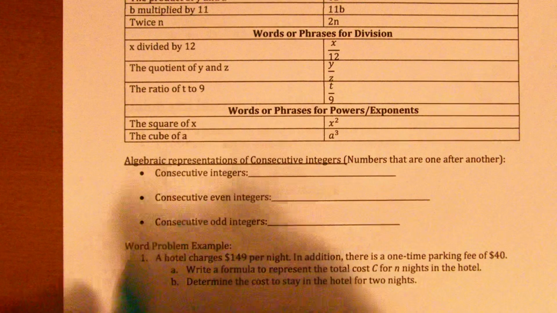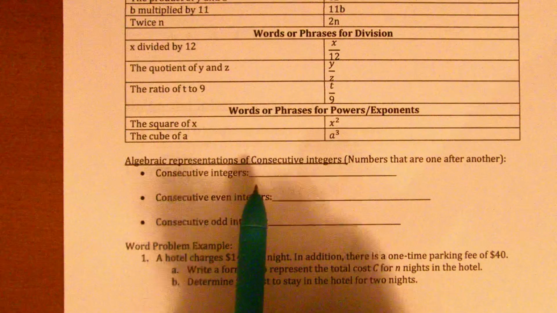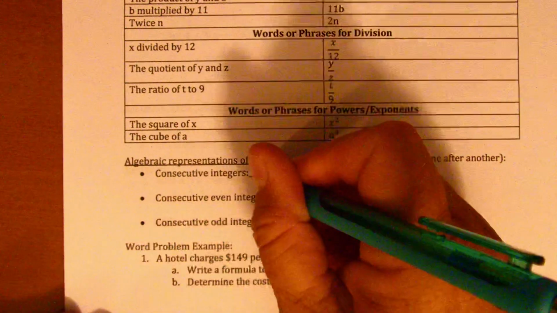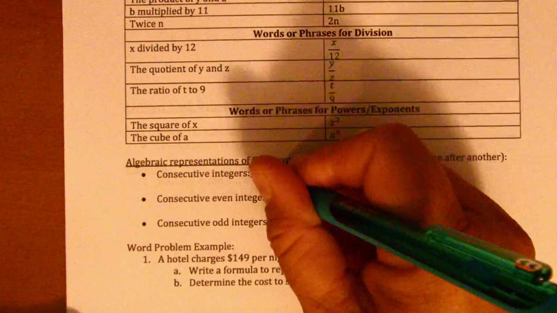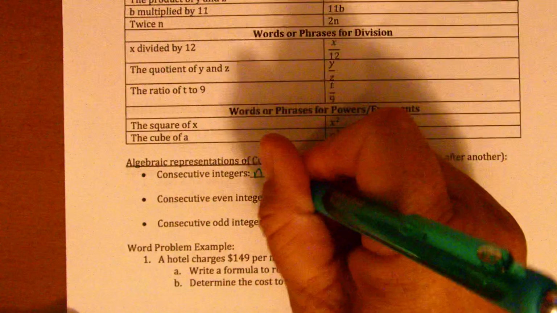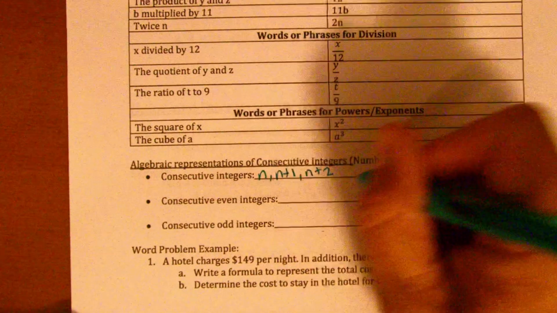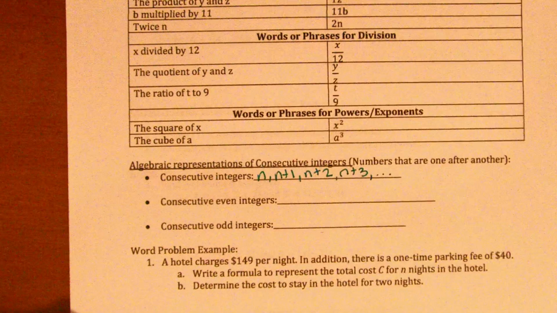Consecutive integers are numbers that are one right after the next, like 1, 2, 3, 4, 5. We can represent that with n, and let n be any number. The next number after n would be n plus 1, the one after that would be n plus 2, n plus 3, and so on.